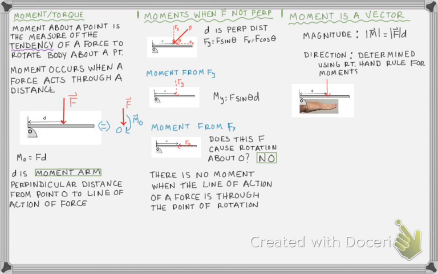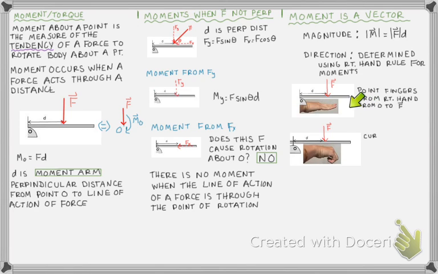So the right-hand rule for moments, what you do is you take your right hand and you point the fingers of the right hand from the origin, or point O, to the force. Okay, so you see here on my schematic, this is actually my hand I took a picture of. So this is my right hand and it's pointing from O towards the force.